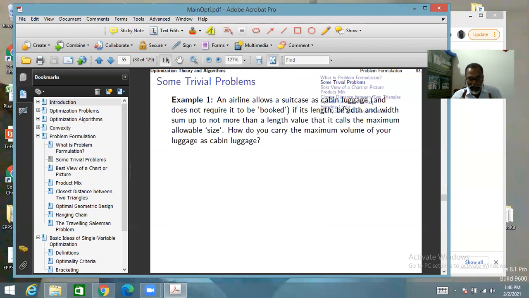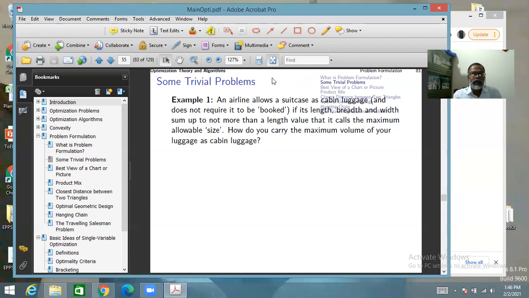Actually, I have traveled in such airlines. Now, you want to carry the maximum amount of your things in your suitcase in so far as size is concerned and volume. Basically, you want to carry maximum volume, and want to fit within cabin luggage.